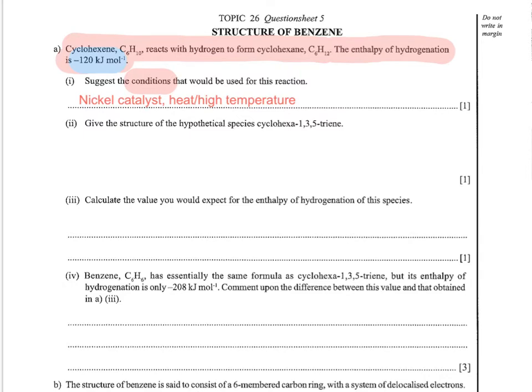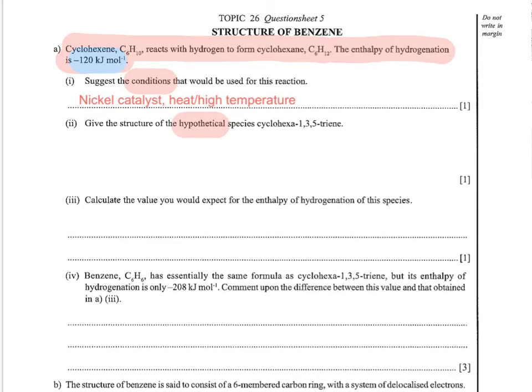Then it says give the structure of the hypothetical, which means the theoretical species, cyclohexa-1,3,5-triene. So let's think carefully about what that name actually means. It's obviously a ring structure. The hexa part means there are 6 carbons. 1, 3 and 5 will be the positions of the carbon-carbon double bonds.